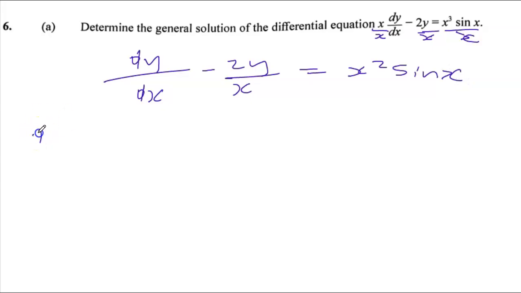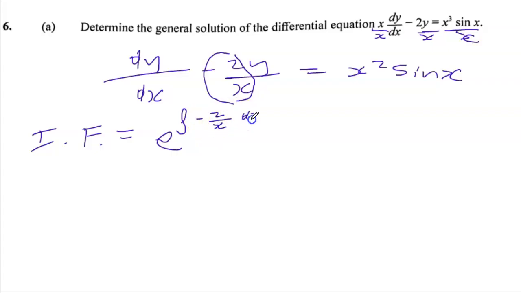So the integrating factor, abbreviating IF, is equal to e to the integral of the coefficient of the y, and the y coefficient here is negative 2 over x. So the integral of negative 2 over x dx, which is equal to e to the, and the integral of 1 over x is log x.